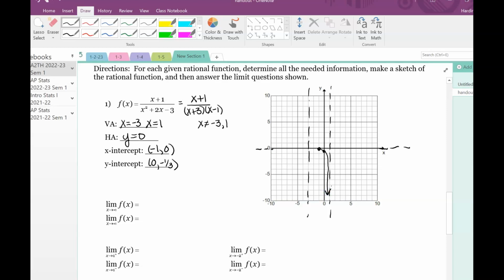All right, I know this guy's pointing down. I don't really know much else. I don't know if this side here in the middle is going to go up or if that's going to point down. So I actually need to find a few points on this. Let's see, I'm going to plug in negative 2. When x is negative 2, you have negative 1 over 1 times negative 3.